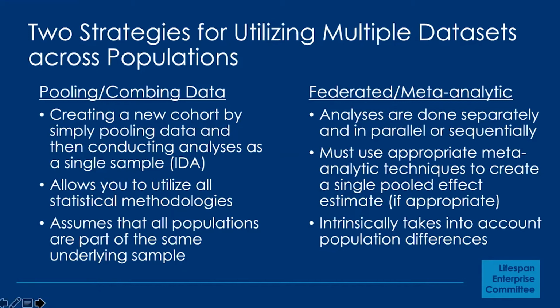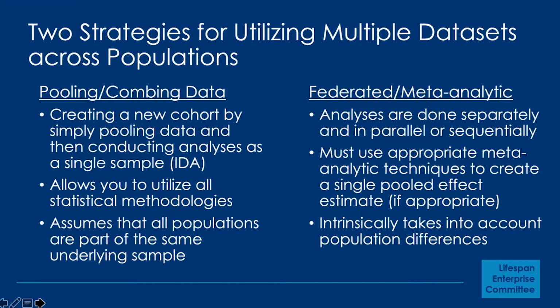So when we're thinking about harmonizing, at the end of the day, there are two strategies for doing the analysis in these pooled cohorts. I just wanted to highlight that we can do a true pooling or combining the data together into a single cohort. This is often called integrative data analysis. It's essentially bringing all of the different cohorts together into one large cohort, sometimes a synthetic cohort, and doing the analysis as a single sample, adjusting for or stratifying by the cohort itself.